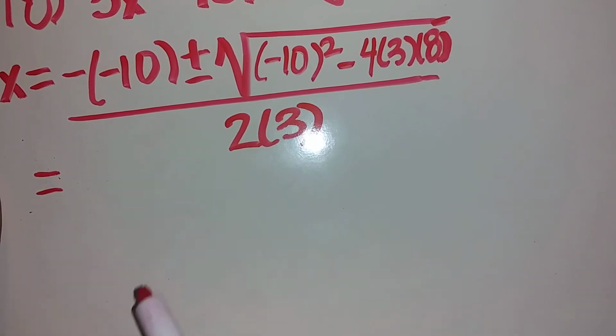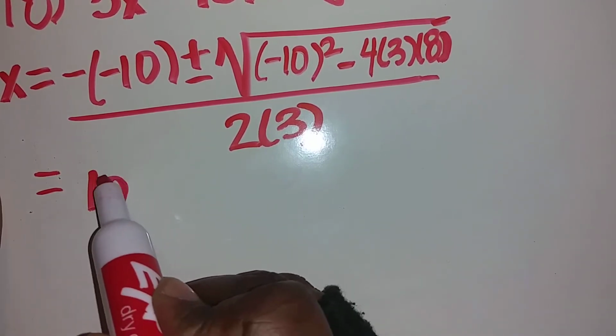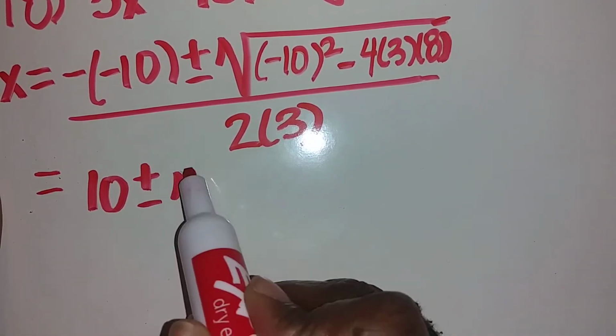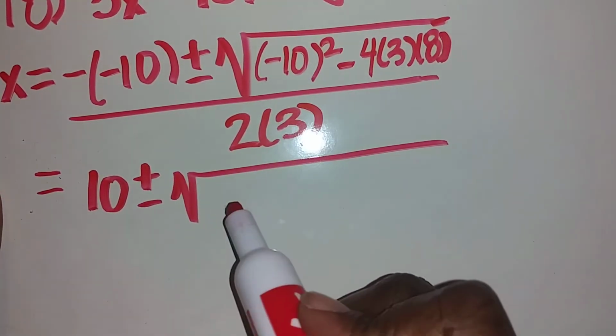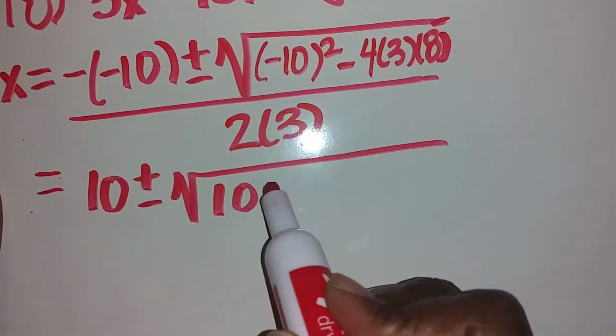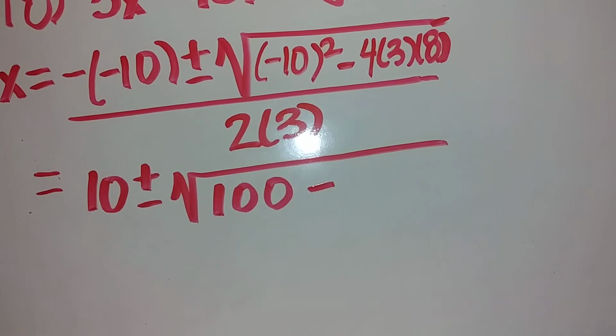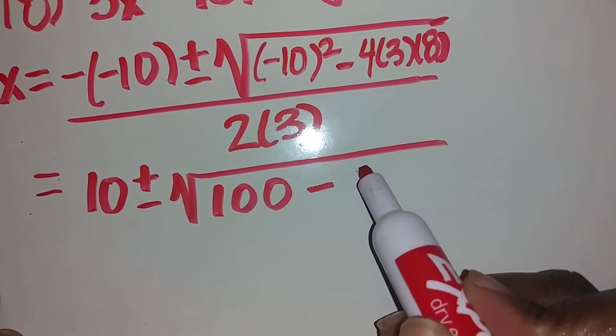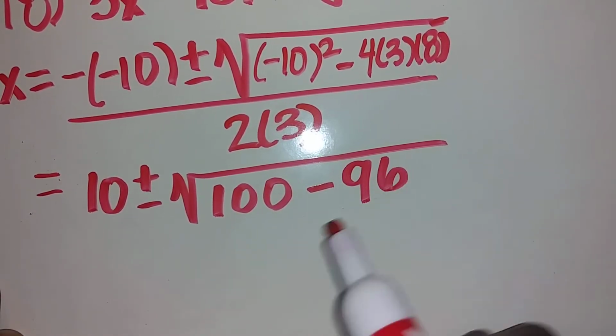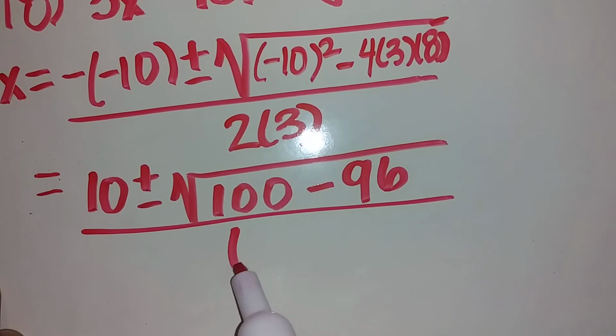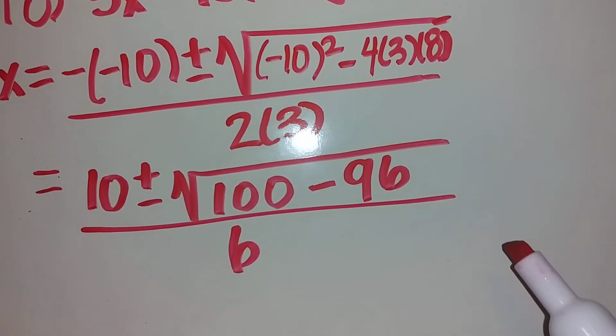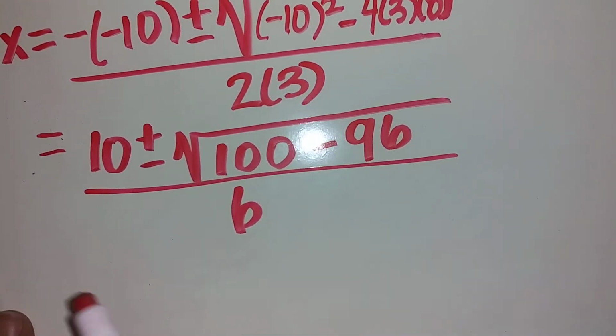Two negatives make a positive 10, plus or minus the square root. Negative 10 squared is 100, minus 4 times 3 times 8 is 96, and it's all over 6. From there, keep cleaning up.